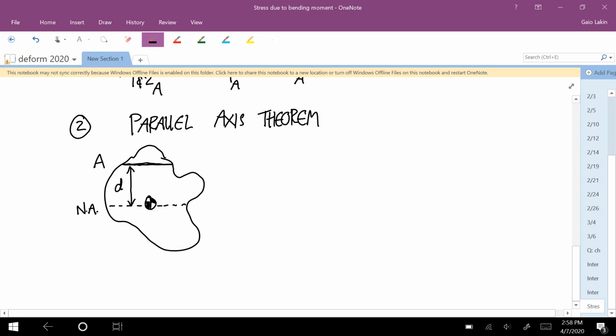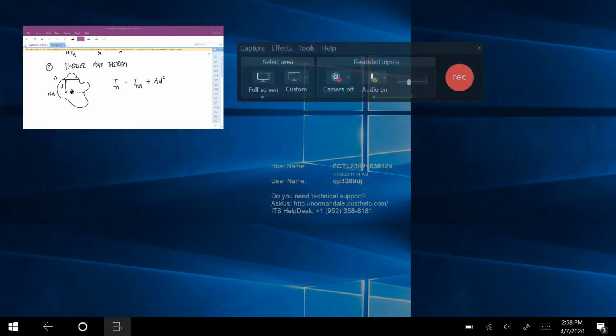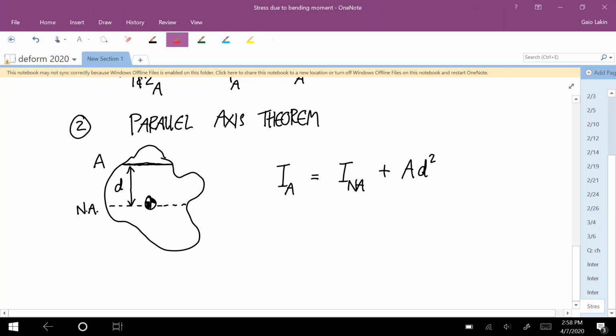Okay, then the parallel axis theorem says that the area moment of inertia about A is equal to the area moment of inertia about the neutral axis plus the area of the shape times distance squared. And this area A is the area of the cross section.